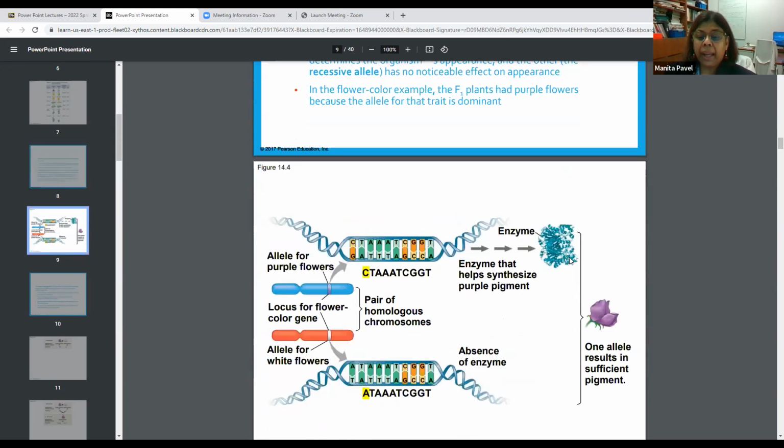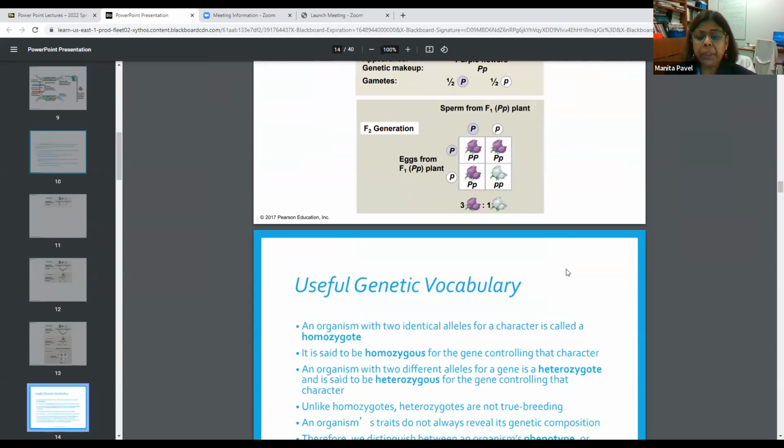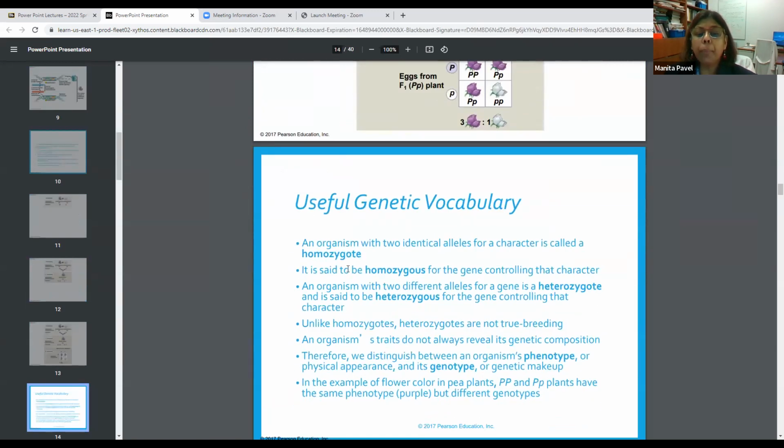Then we're going to go down and look at this term here, which is homozygous. Homo comes from the word same. Homo means same.